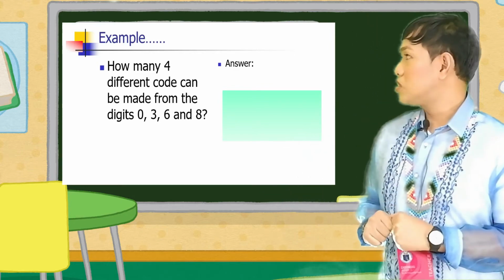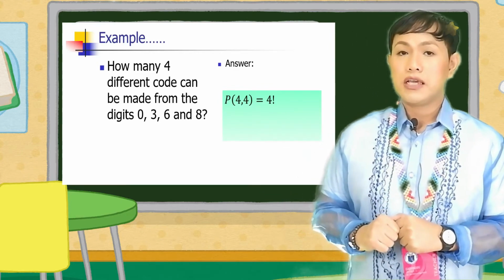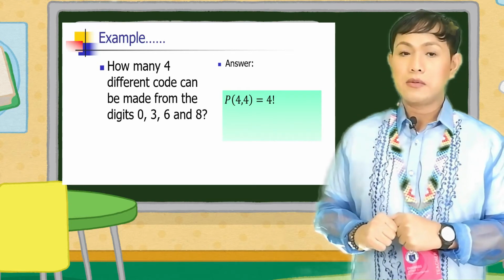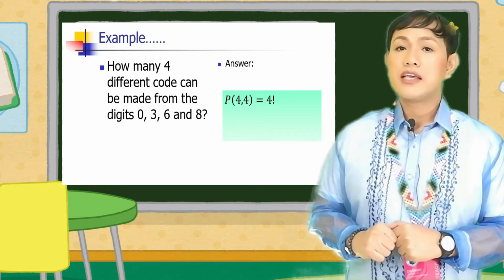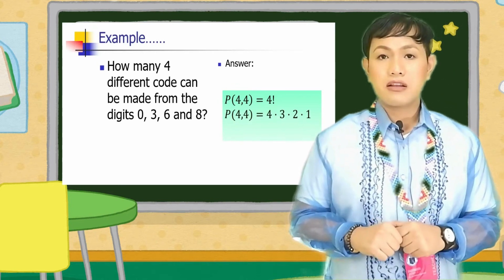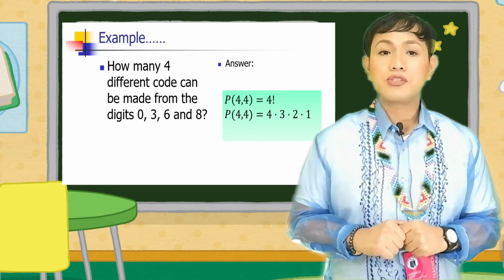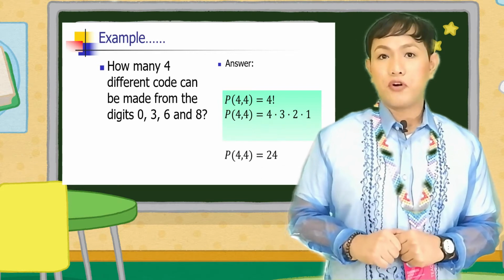So for our solution, the permutation of 4 objects taken 4 at a time is actually equal to 4 factorial. And this 4 factorial is equal to 4 times 3 times 2 times 1. And so therefore, our answer would be 24.